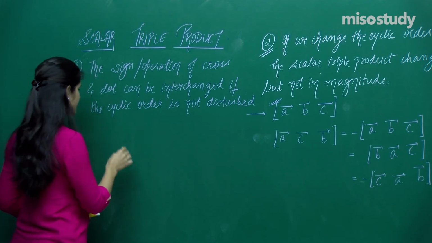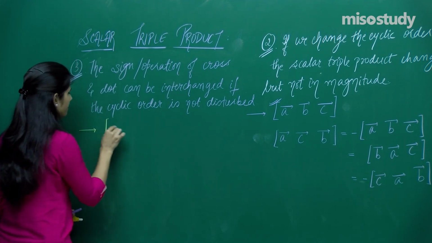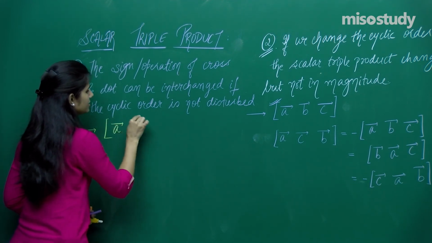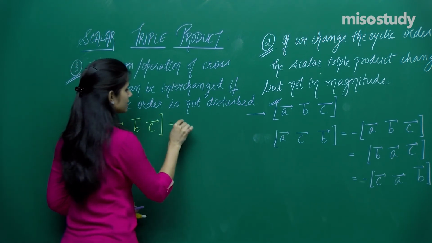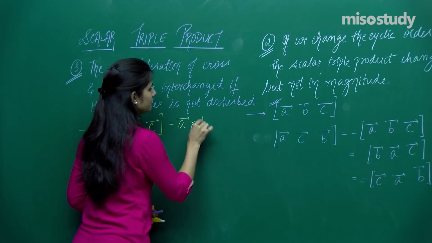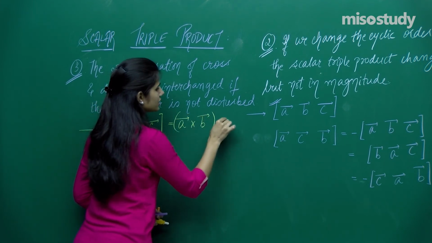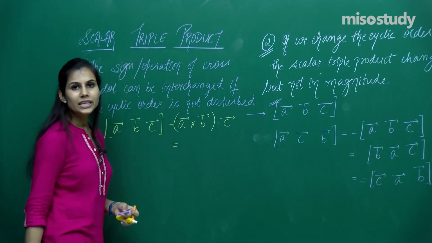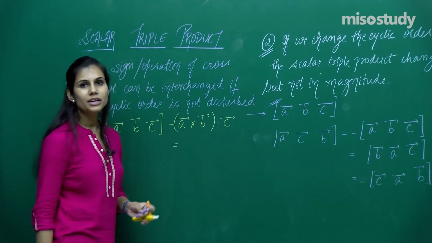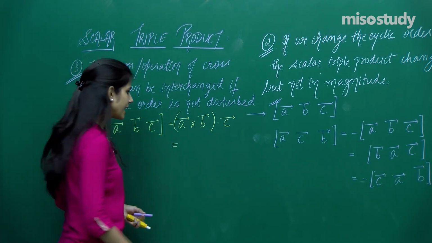What I am trying to say is, scalar triple product of this is A, this is B, this is C. What is this? A cross B dot C. You can swap these two, provided you are not disrupting the cyclic order.